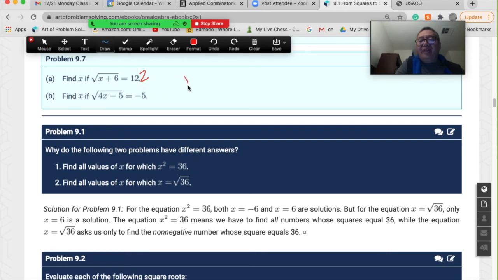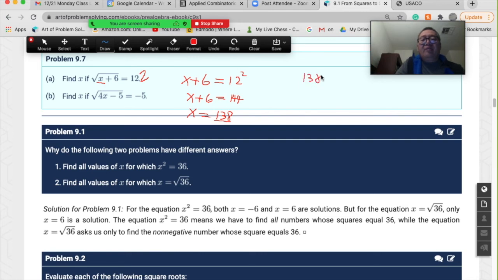You got x plus 6 will equal 12 squared. Then you can write x plus 6 equals 144. Then both sides minus 6, you got x equals 138.